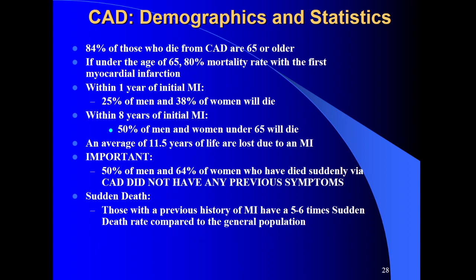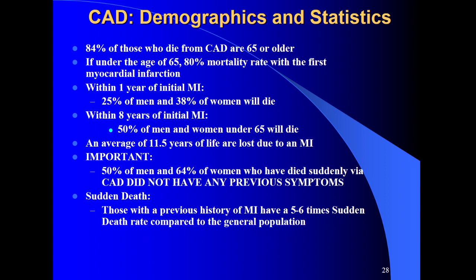Within 1 year of initial myocardial infarction, 25% of men and 38% of women will die. Within 8 years of initial myocardial infarction, 50% of men and women under 65 will die. An average of 11.5 years of life are lost due to a myocardial infarction.